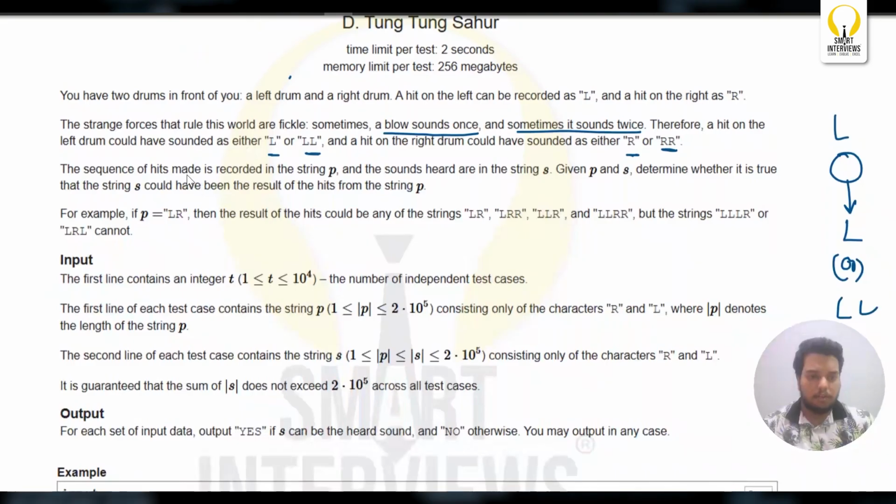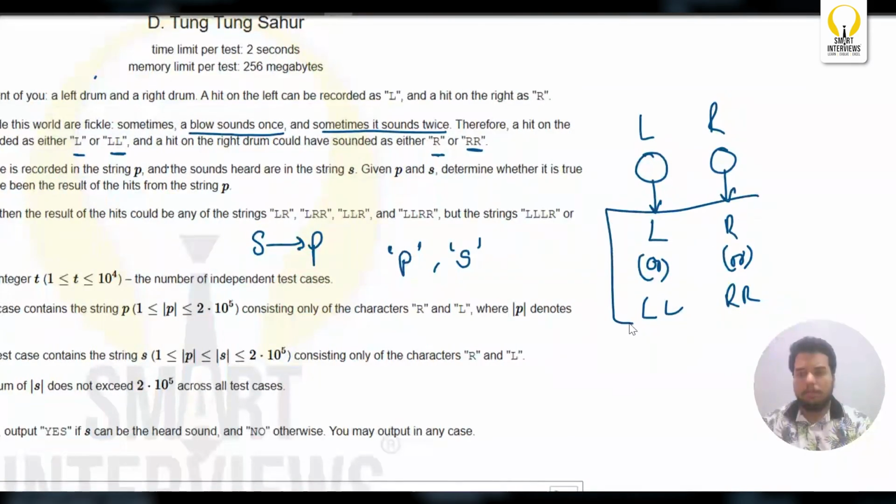The sequence of hits made is recorded as P, so the original hits are P. The sounds heard are in the string S. So the actual hits are in P, but the sound recorded is in S. Given P and S, determine whether it is true that sequence S could have been the result of the hits from the string P. So you need to simply check, can it be P or not, with the help of these two conditions.